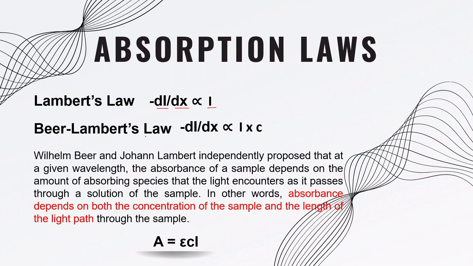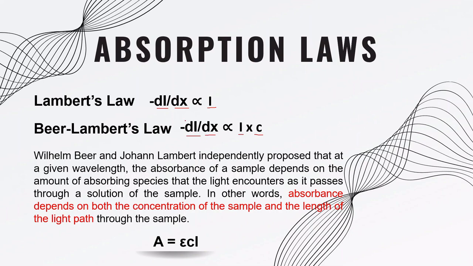Beer's law states that when a beam of monochromatic light radiation is passed through a sample, the rate of decrease in the intensity of light radiation with thickness of the absorbing solution is proportional to the intensity of incident radiation as well as the concentration of the solution.